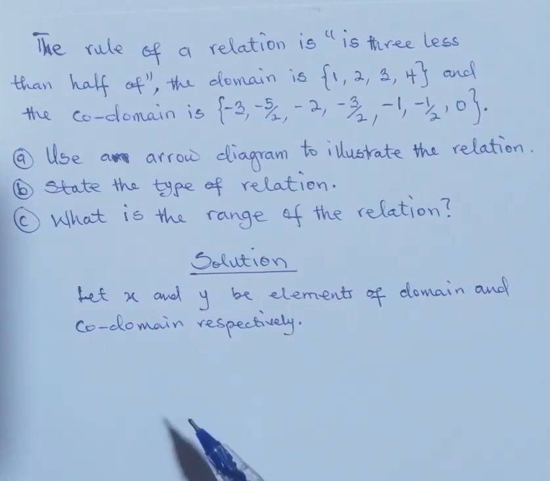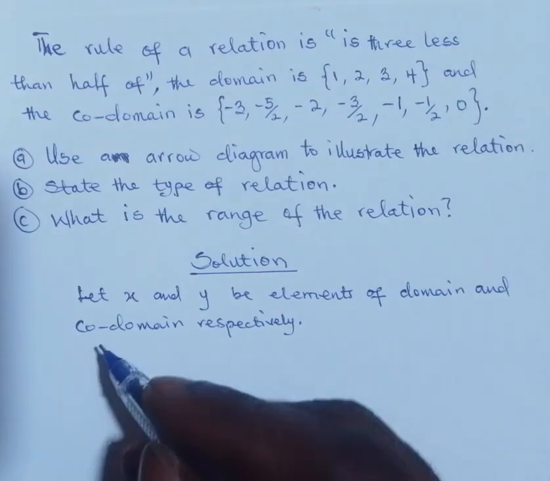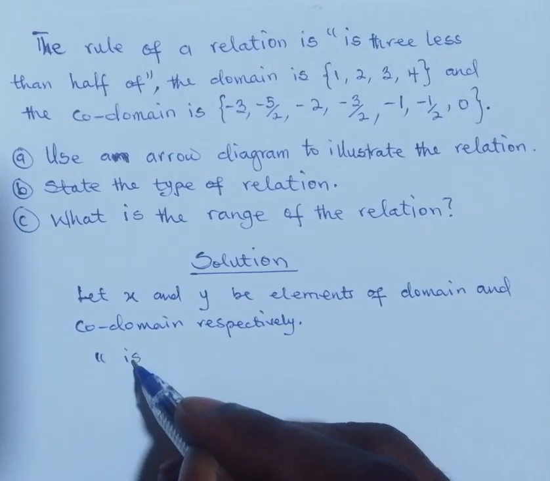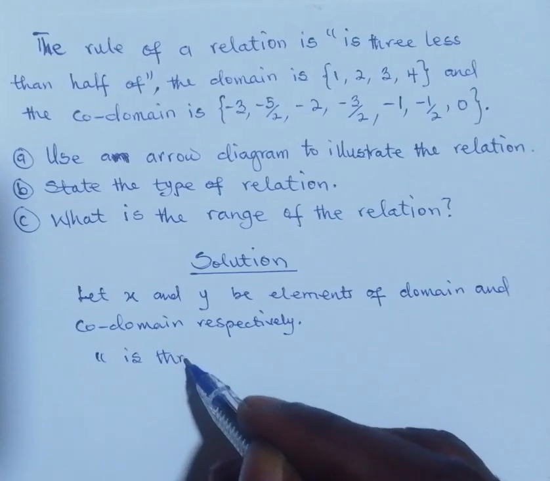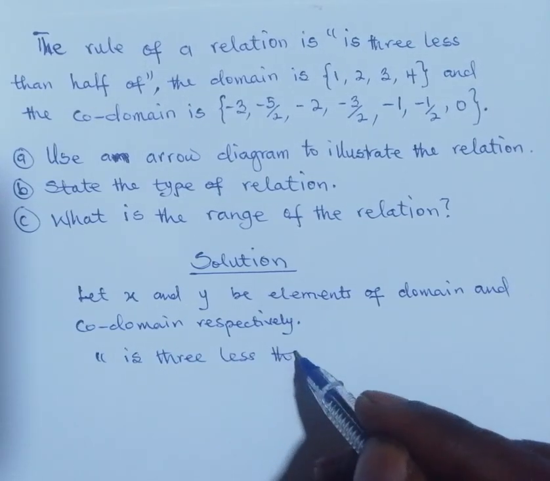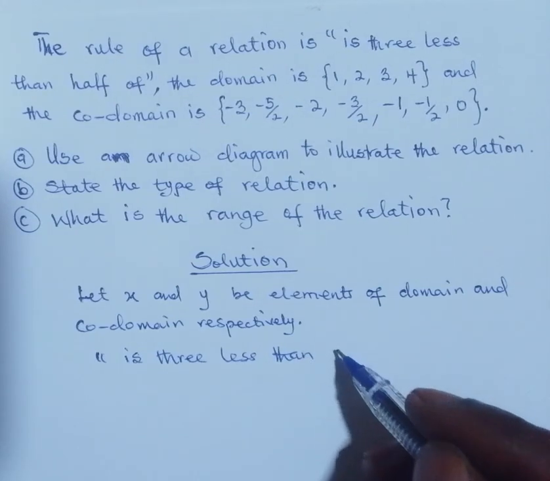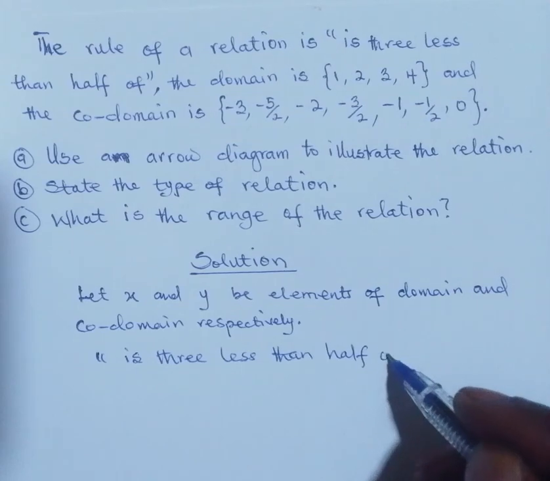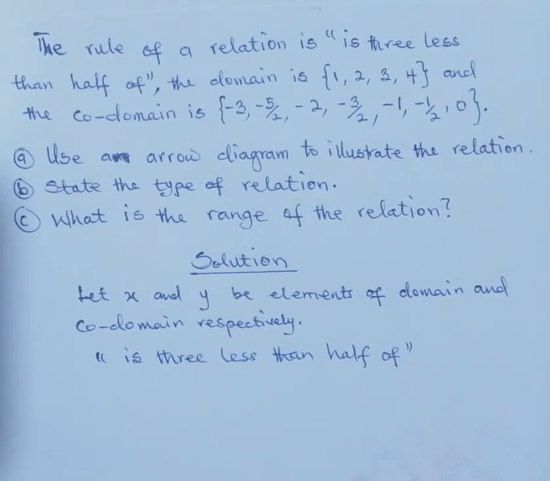We can write a formula for the rule, which says it is 3 less than half of. This is the rule given.